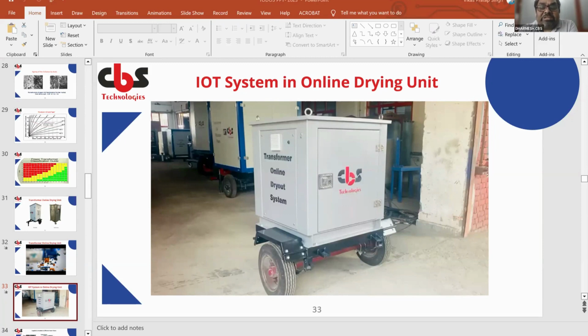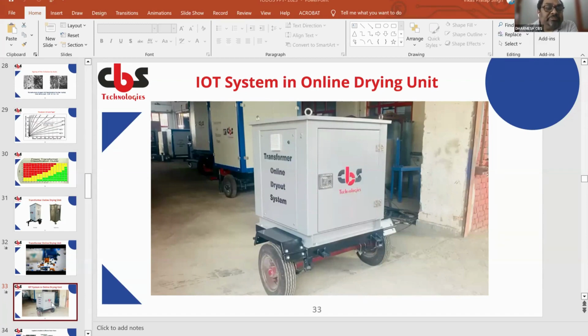The biggest asset of a power utility is the transformer, which costs a few crores. With only 1% or 2%, maximum 5%, of the value of the asset, you can keep your asset for a longer period, up to more than 40 years.